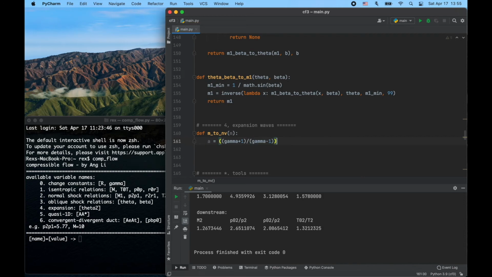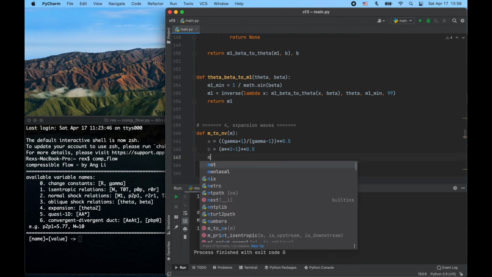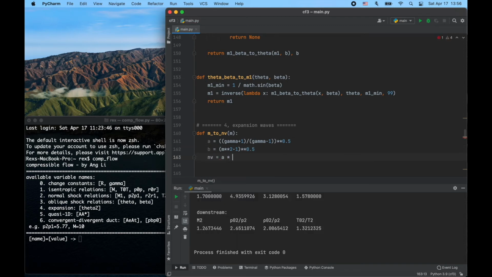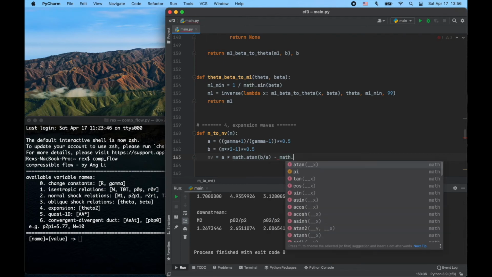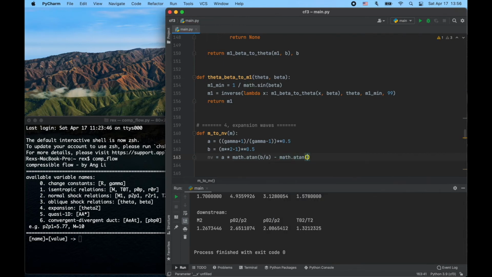This one, 0.5, this one, square root. And nu is just a times math arctangent b over a minus math arctangent b. Return the nu value.